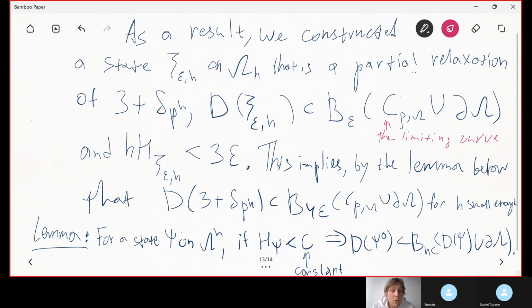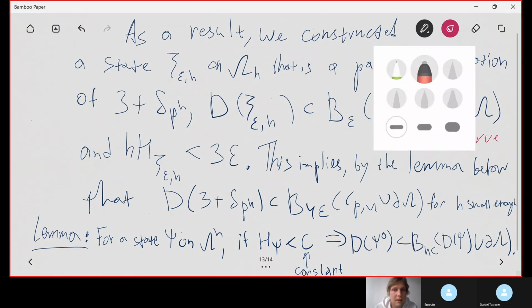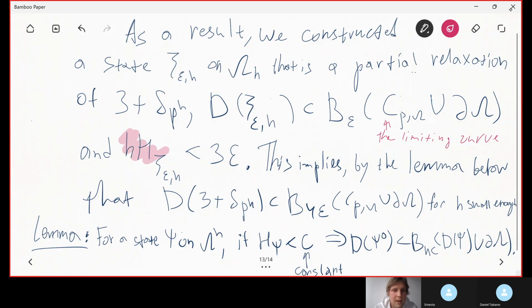And also, we know that it's a partial relaxation in this precise sense: the amount of things to relax is at most 3 epsilon.